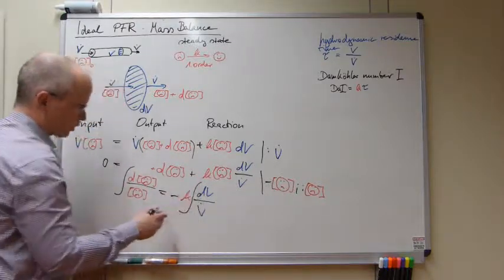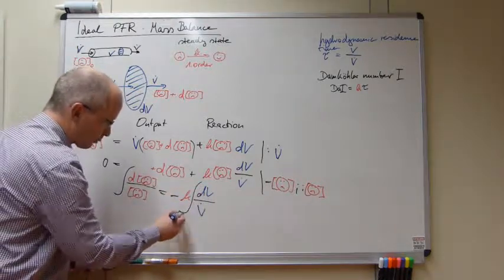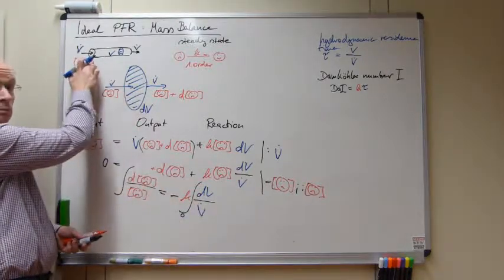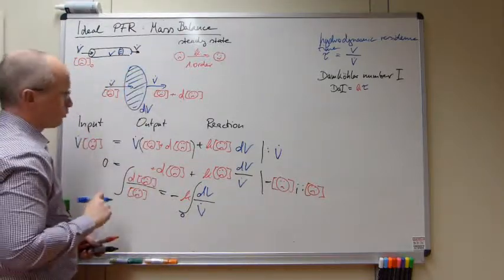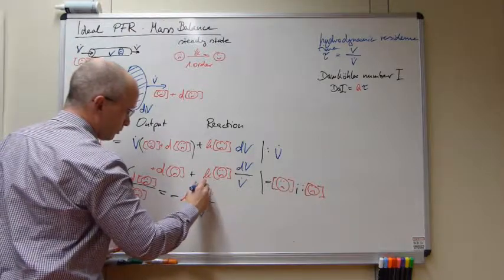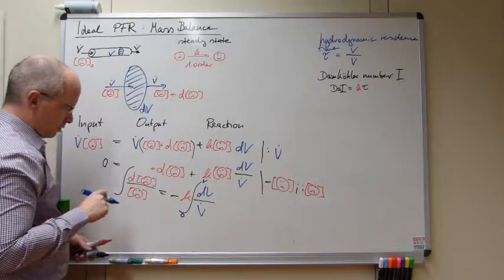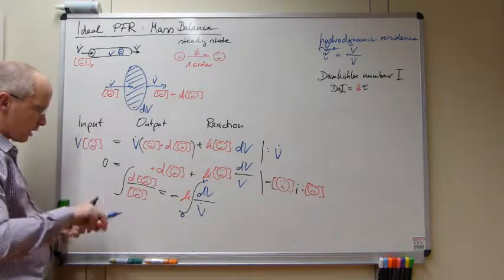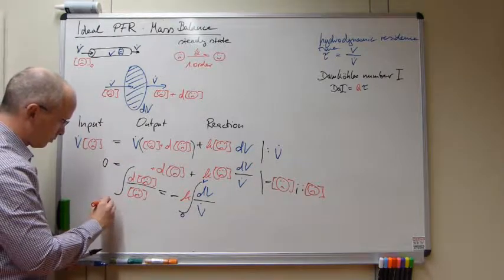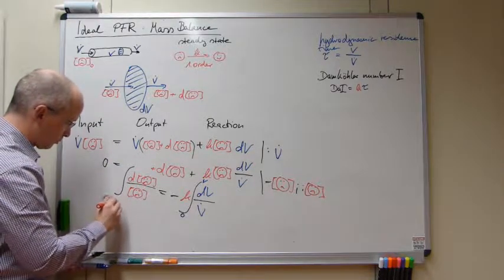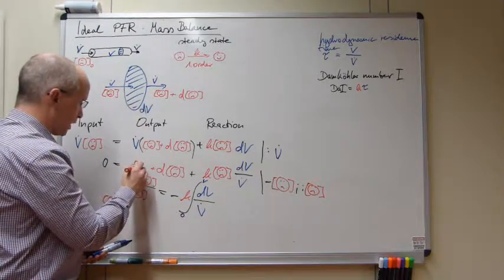K is a constant as mentioned, and we will integrate on the right hand side over volume starting from 0 here, and we will do this until we have reached the overall volume of the plug flow, V. On the left hand side we start at the initial concentration, and we will do this until we reach the actual concentration.